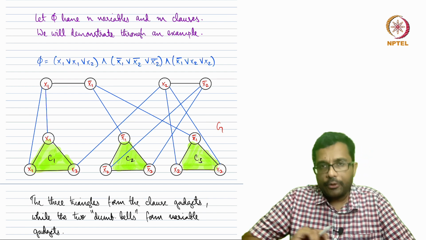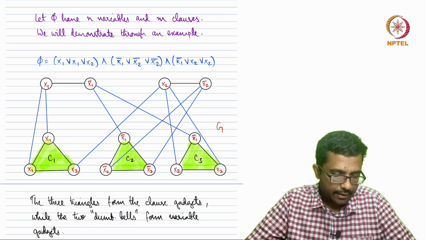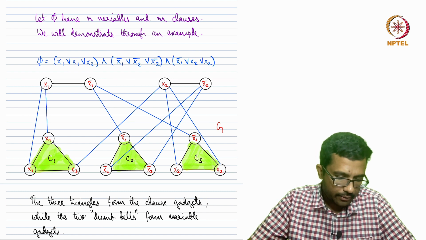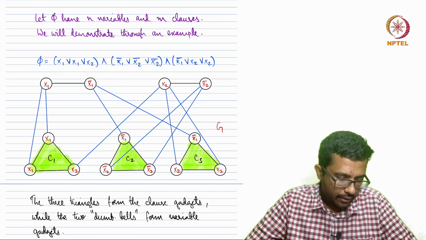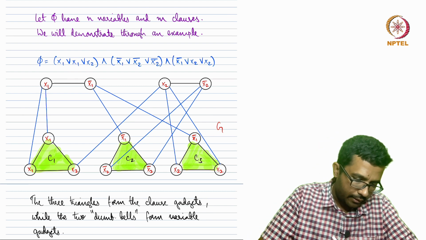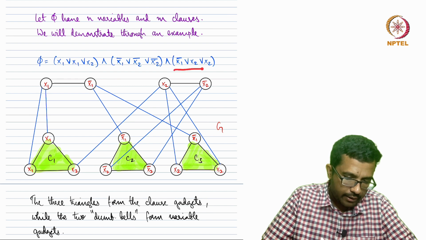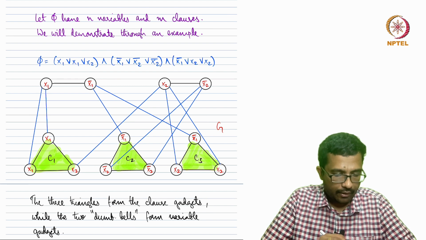Okay, so suppose the formula is satisfiable. Maybe we can explain with the help of this particular instance, right? So is this formula satisfiable? Setting x1 to be true satisfies the first clause, and setting x2 to be false satisfies the second clause. But then with x1 true and x2 false, the third clause is not satisfied.